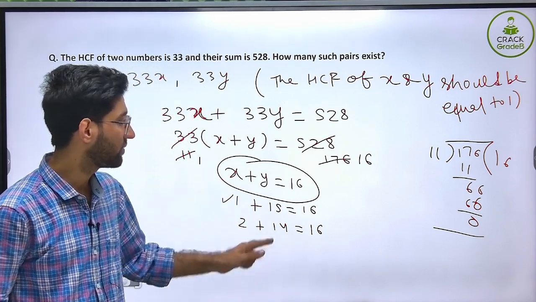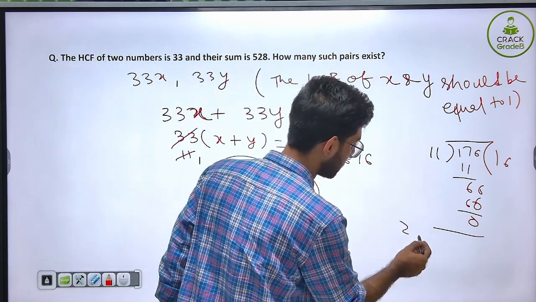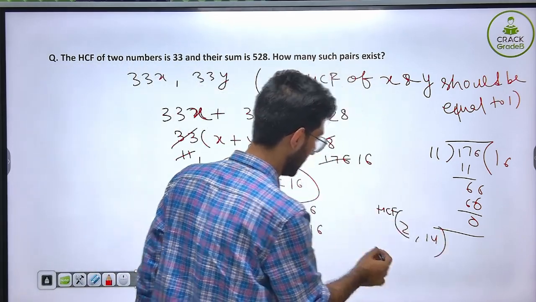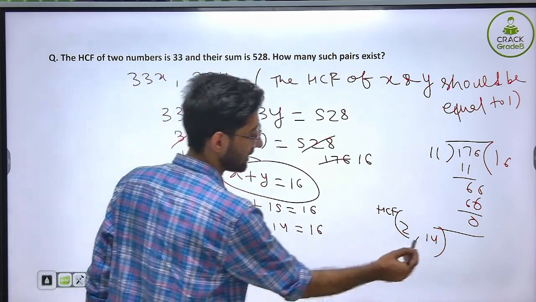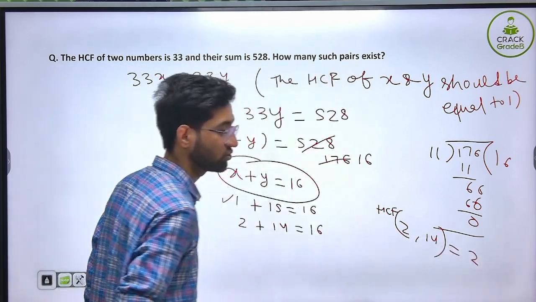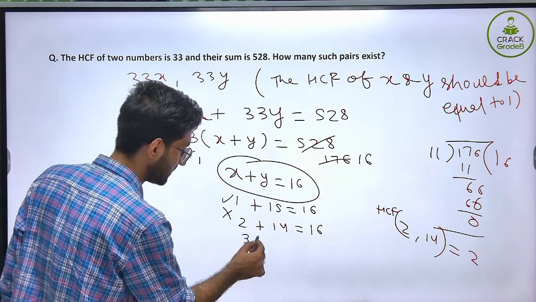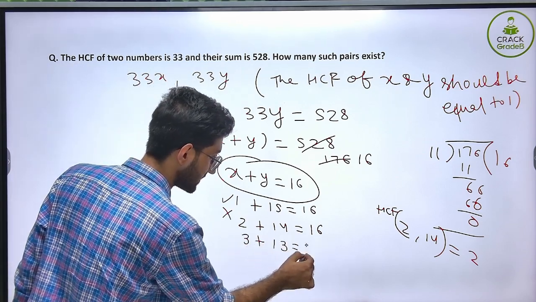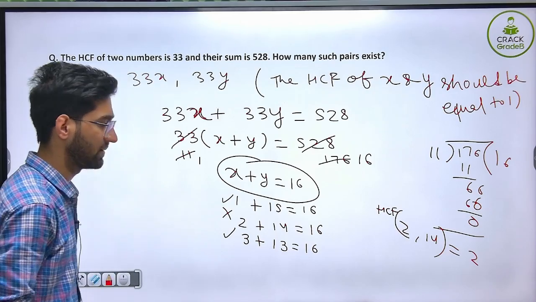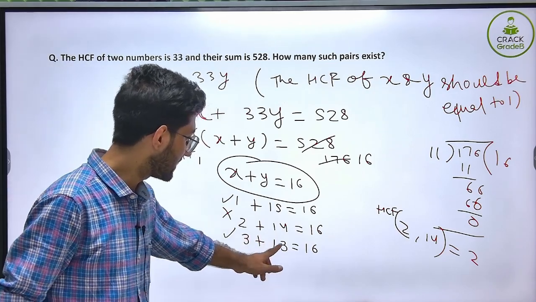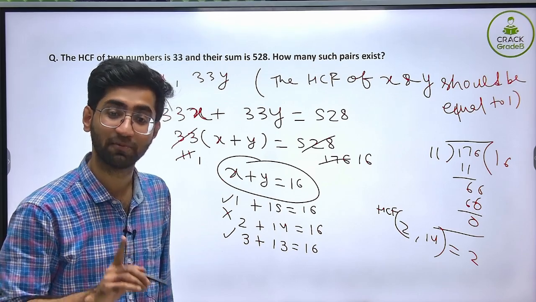But if you check the HCF of 2 and 14, the HCF of 2 and 14 is 2, means you can't accept this value. Then 3 plus 13 is acceptable. The reason is simple. Why? The HCF of 3 and 13 is 1.